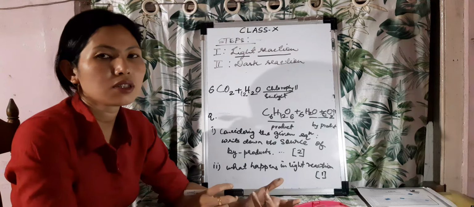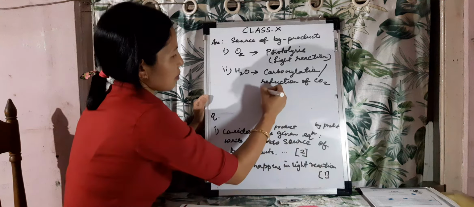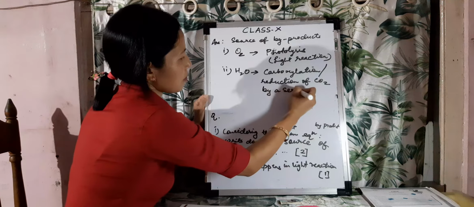You can also write it as reduction of carbon dioxide by the Calvin cycle, a series of cyclic reactions called the Calvin cycle.